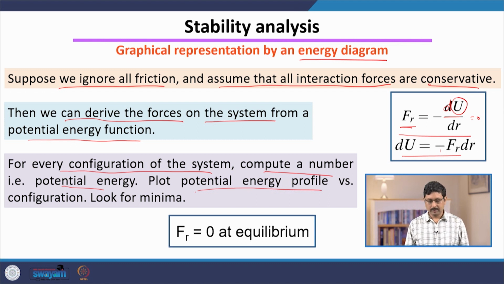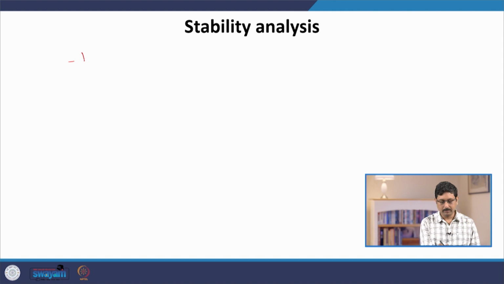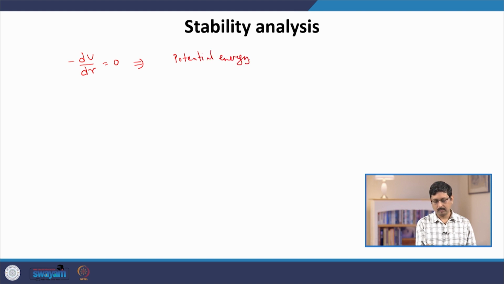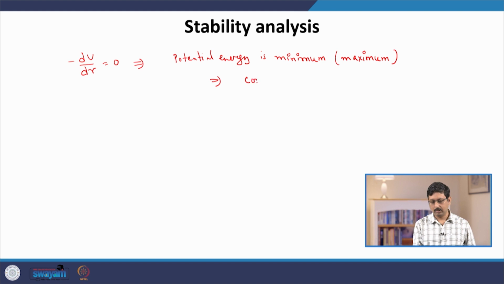Then the condition of potential energy minimum basically means that the potential energy is minimum, or it can be maximum, because we have only looked at the first derivative, and this is a condition. So, this is a third way to look at the condition of mechanical equilibrium.